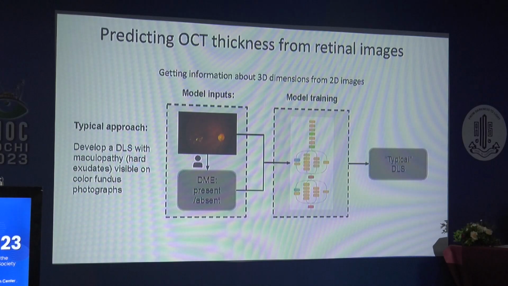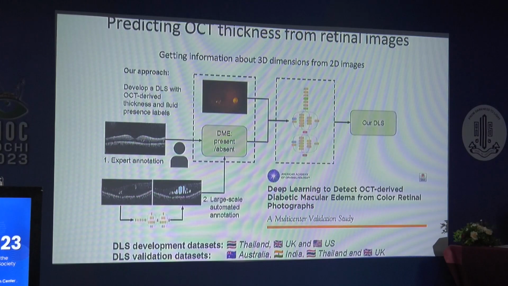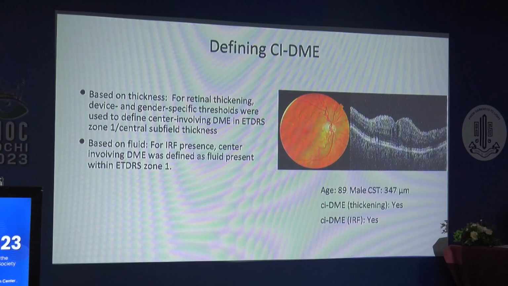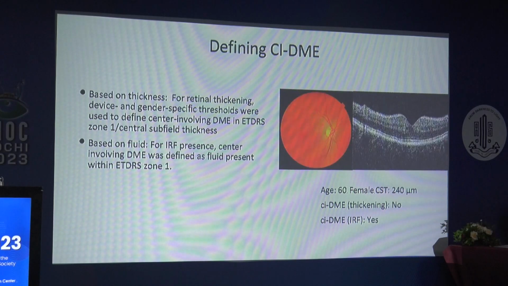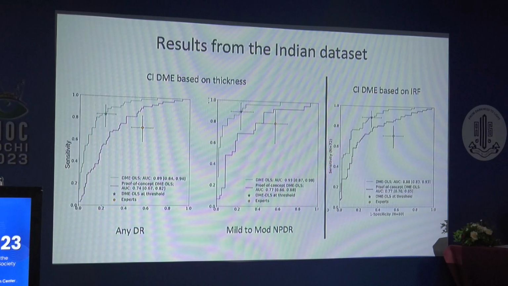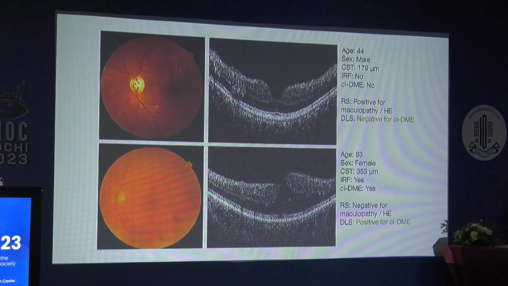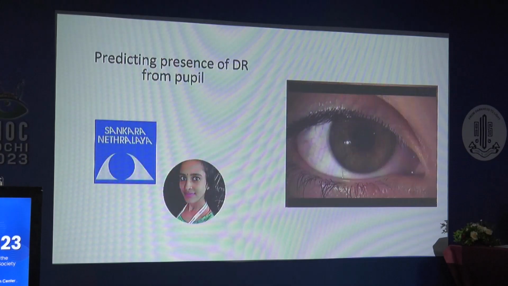This is just some thoughts for you. This is a complicated matter which, if Rajiv had been here, would be very good. With AI, we can define centers involving diabetic macular edema extremely well by fundus imaging alone. And these are some of the results which they have shown, and they were very predictive.